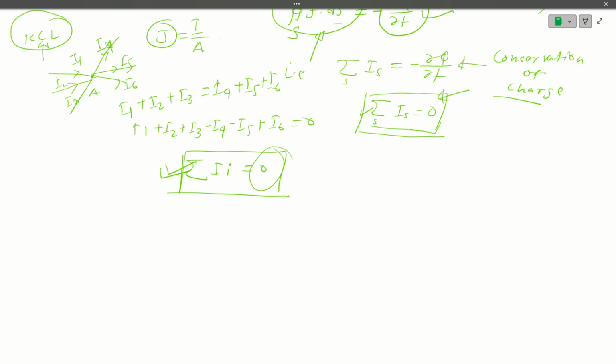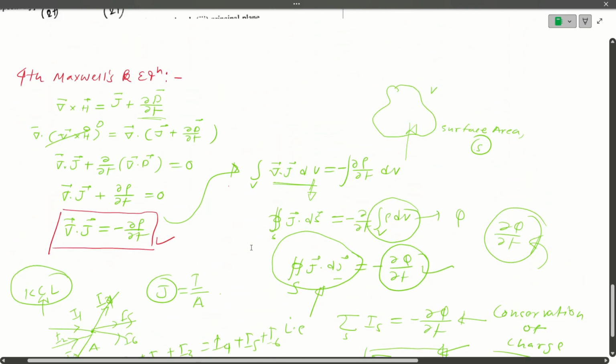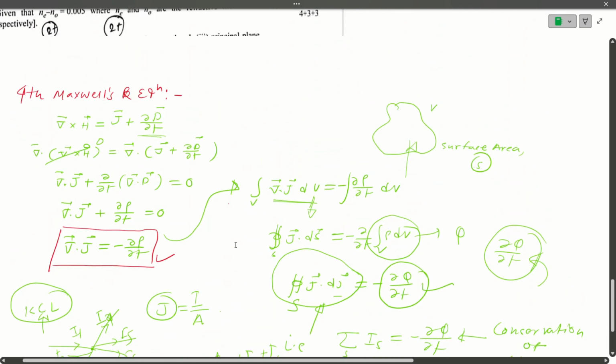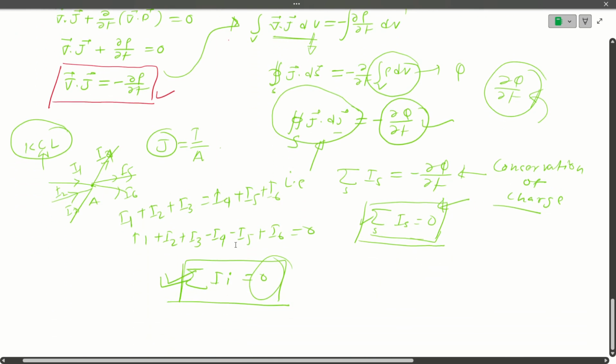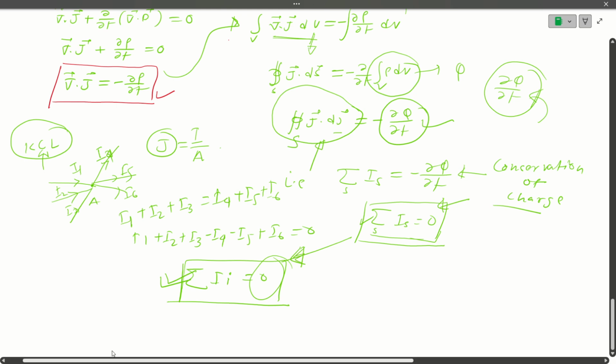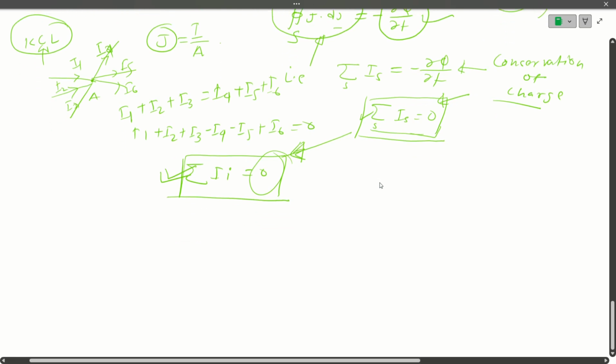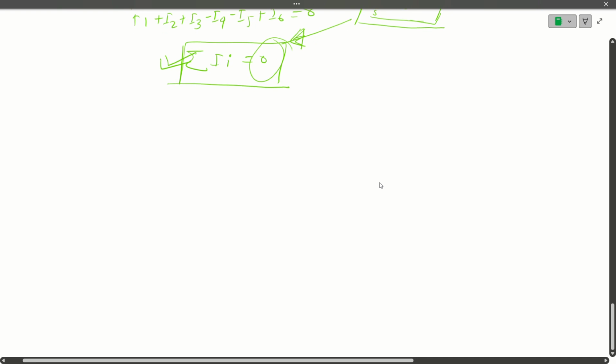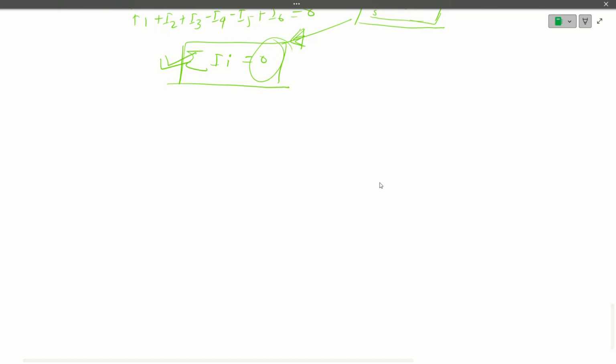So ultimately we get that the fourth Maxwell's equation is analogous to Kirchhoff's current law, which corresponds to the conservation of charge. Similarly we can show that Maxwell's third equation, the relation between the E field and B field, that is curl of E is nothing but minus del B by del t.